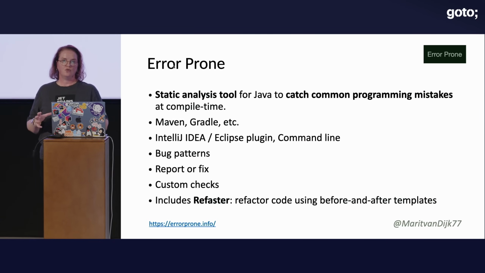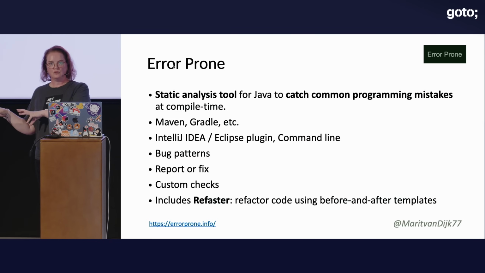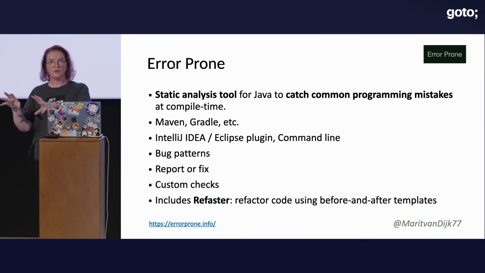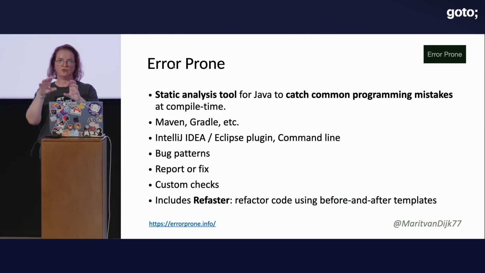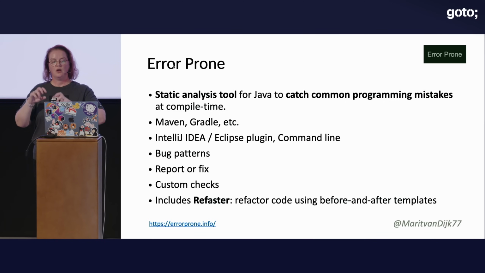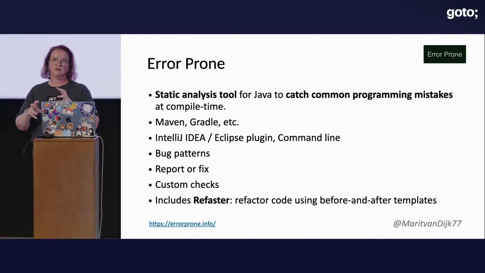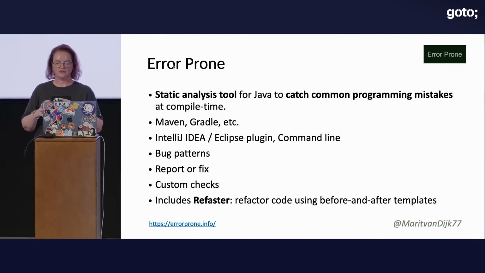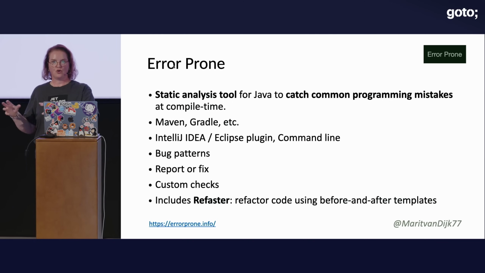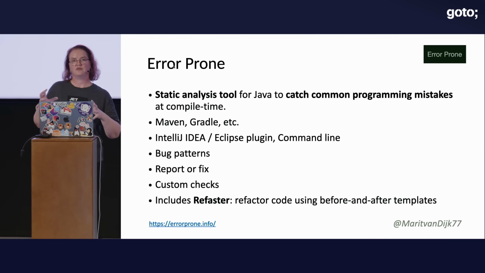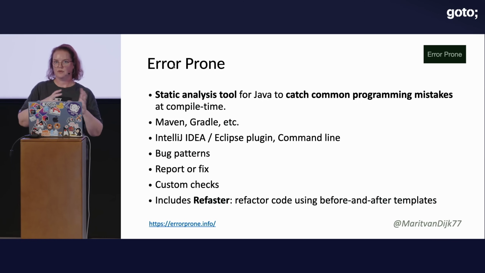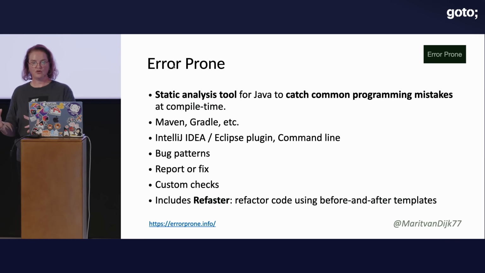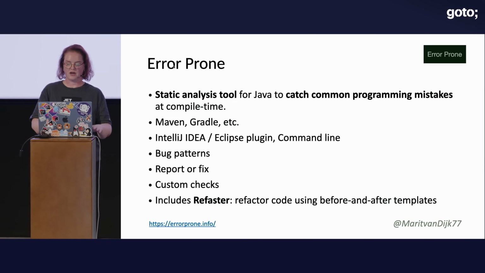It can find bug patterns in your code and alert on those, just to let you know, hey, you're doing something you probably don't want to. But it can also fix it, and it includes a tool called Refaster, which can refactor your code using before and after templates. They have a bunch of bug patterns that they've already identified with possible fixes that you can apply to your code base, but you can also define your own.